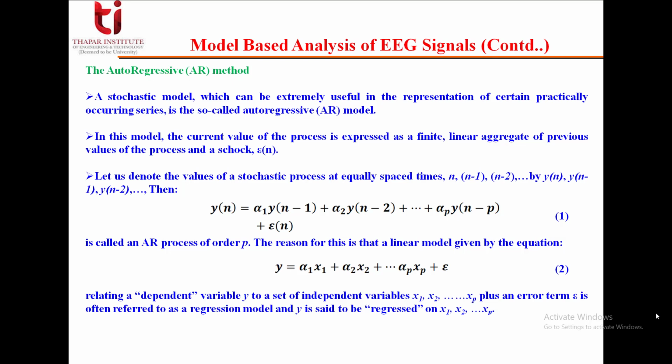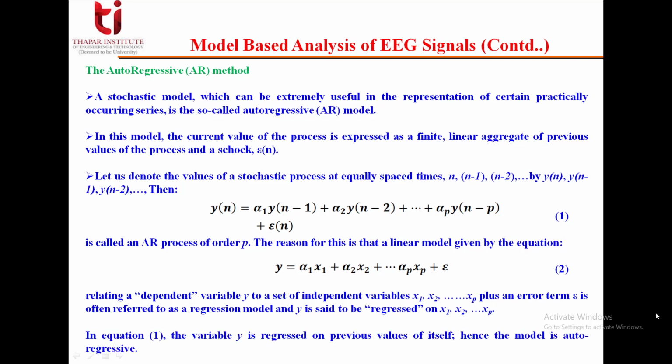Now we can relate a dependent variable y to a set of independent variables x1, x2 up to xp plus an error term epsilon; this is often referred to as a regression model, and y is said to be regressed on x1, x2 and so on up to xp. So in equation 1, the variable y is regressed on previous values of itself. So this model is autoregressive.